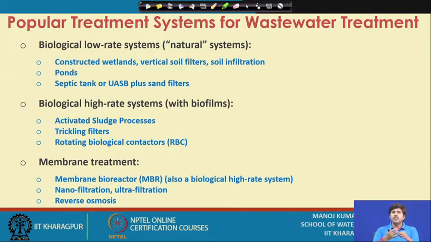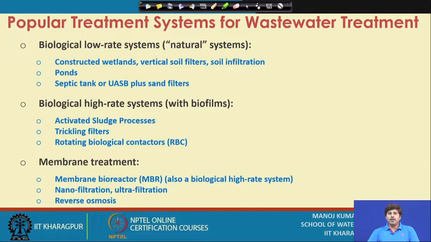There are biological low rate systems or natural systems, what we call constructed wetlands, vertical soil filters, soil infiltration systems, ponds, septic tanks or UASB kind of systems. Then biological high rate systems are there in the form of the activated sludge process, trickling filter, rotating biological contactor. Of course, we also discussed hybrid treatment systems.